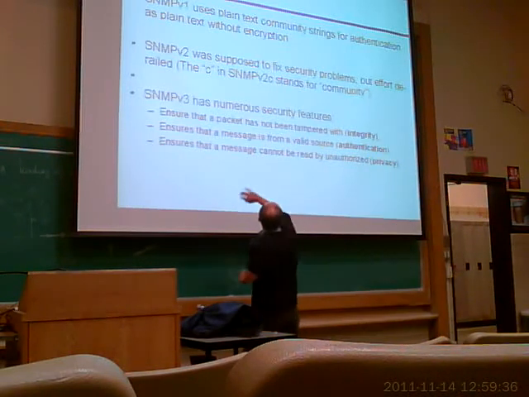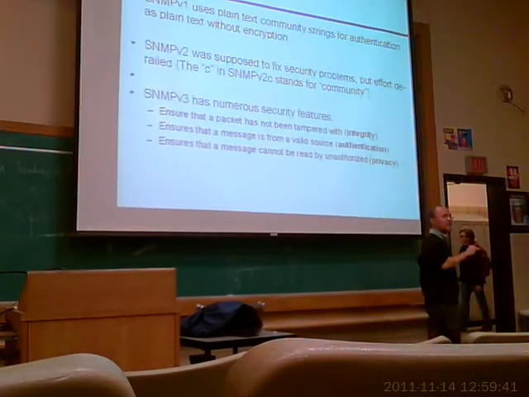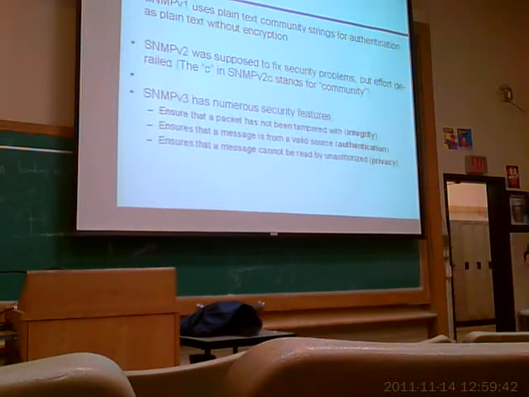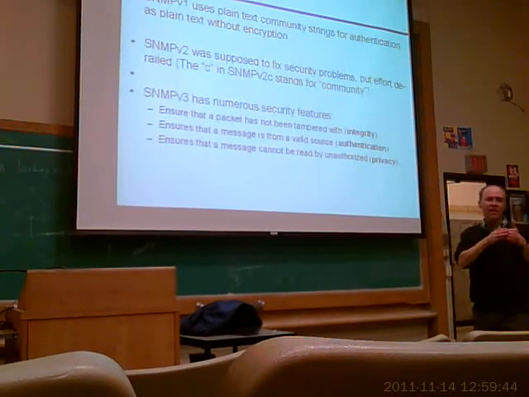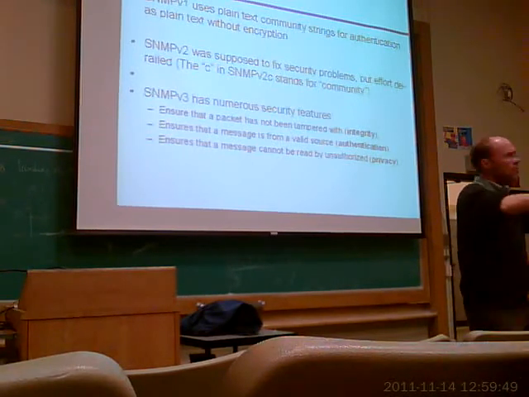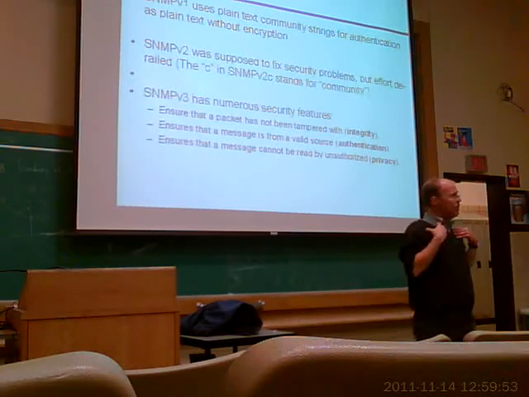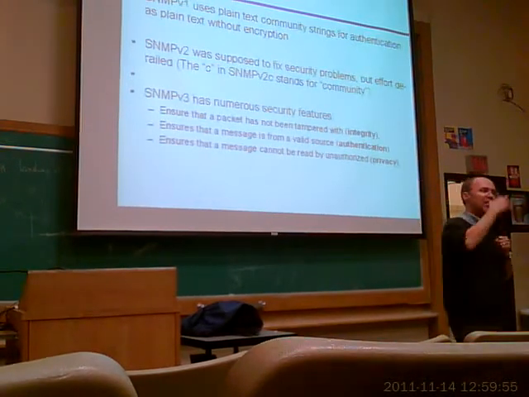Now SNMP version 3 has many features: integrity, authentication, and privacy. Integrity means essentially non-repudiation. There's a digital hash on queries and replies, so that if somebody sends a reply, the receiver can verify that it has been sent by that route.